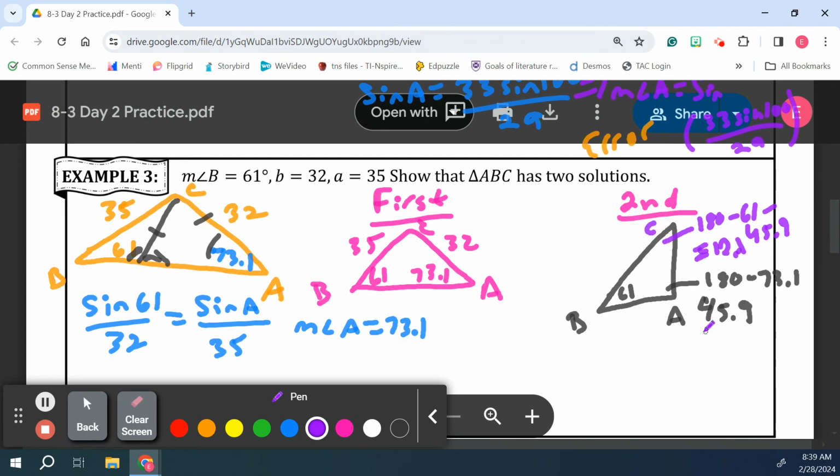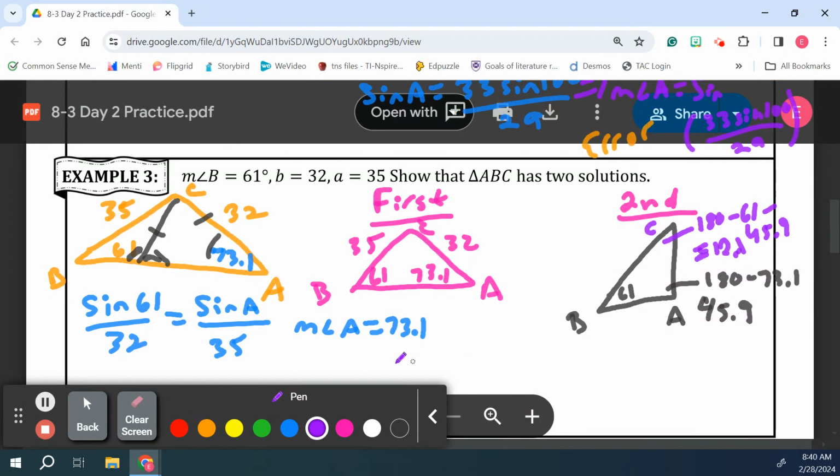How is angle A wrong? It's 45.9. Yeah, it is. 180 minus 73.1? It's 106.9. Oh, jeez.